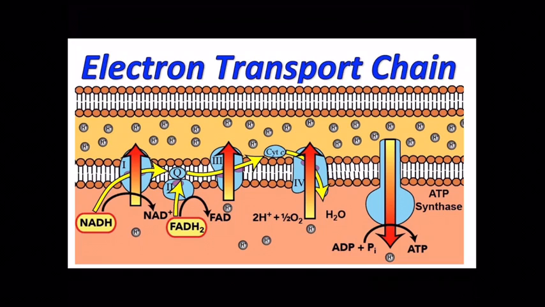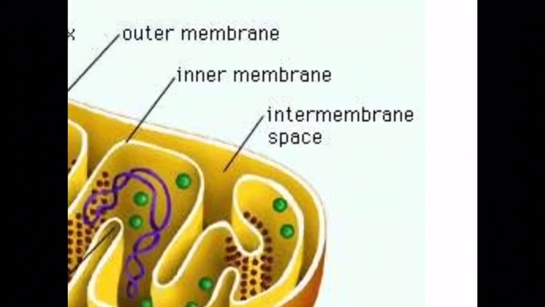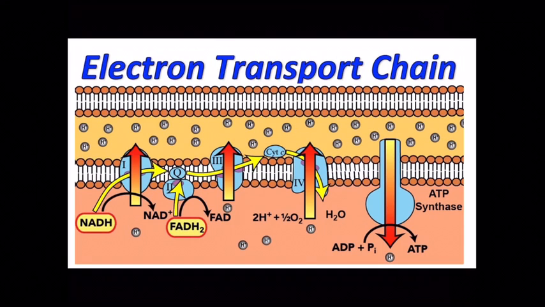Inside of that we have what's called the matrix. That's where the Krebs cycle happened, and in between these 2 membranes is the intermembrane space, which is labeled right here.